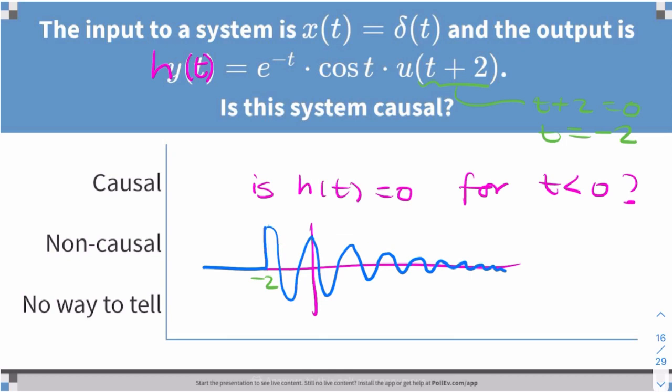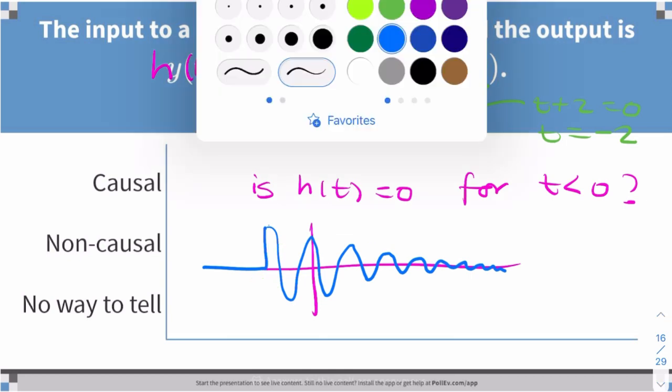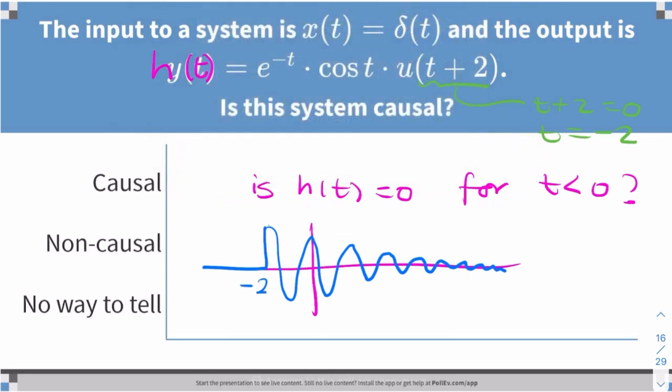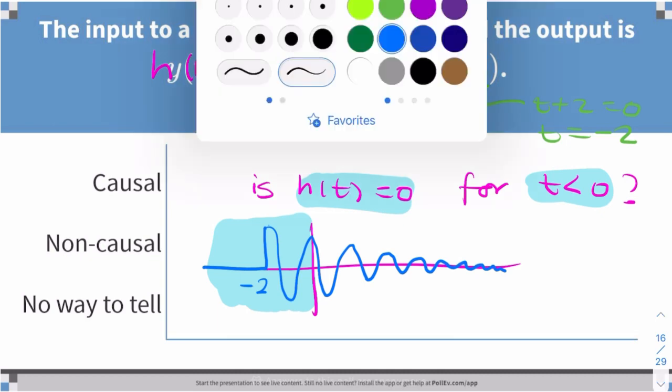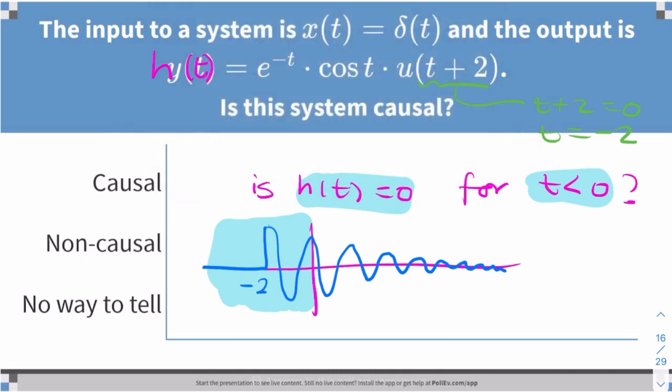So if you look at that, we ask ourselves, is h of t 0 for t less than 0? Well, this is t less than 0, and h of t is very much not 0. So I'll highlight the bit I'm not happy about. This bit isn't 0, so it isn't causal.